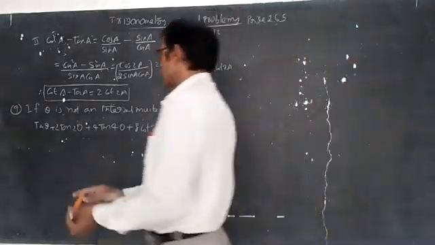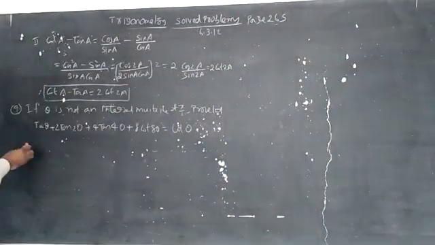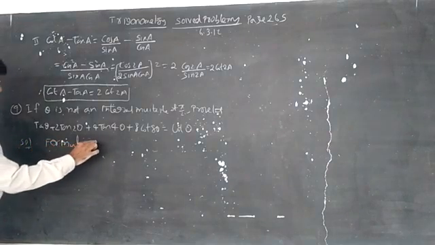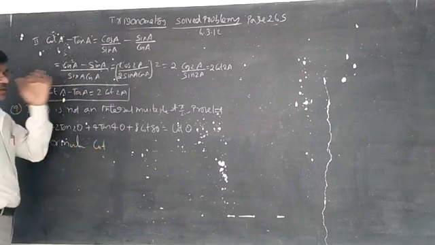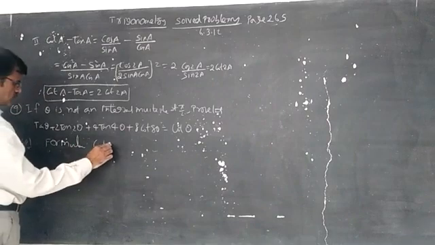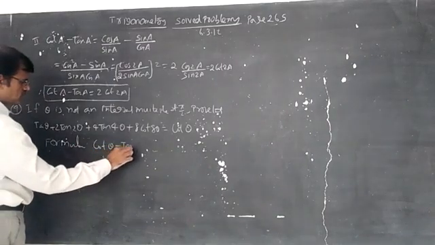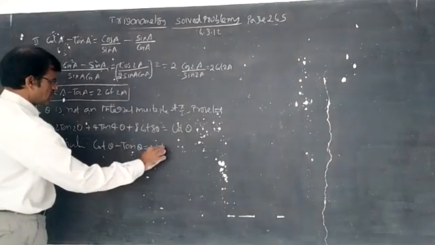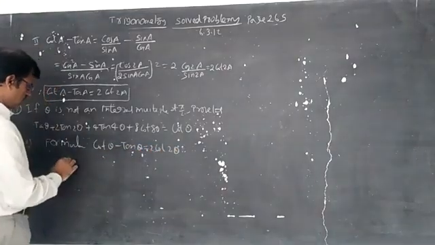Now it depends upon the formula we have discussed. This one only: cot A minus tan A is equal to 2 cot 2A. Cot theta minus tan theta is equal to 2 cot 2 theta.